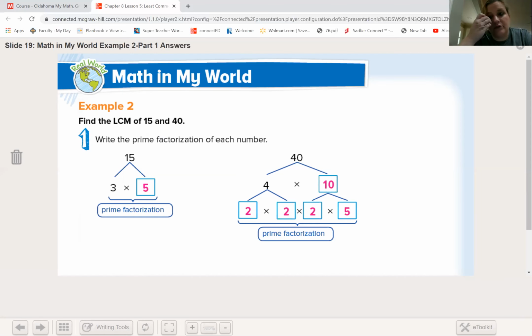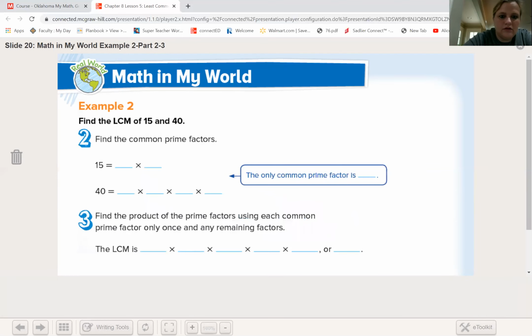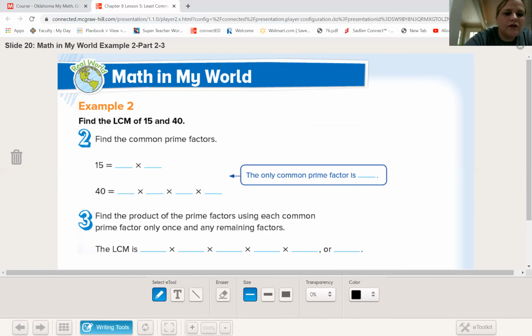And there's the answer page for you. Now what we do is we write these out. 3 and 5. 2, 2, 2, 5.